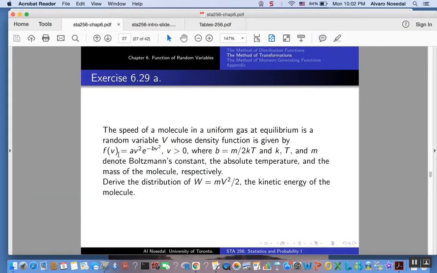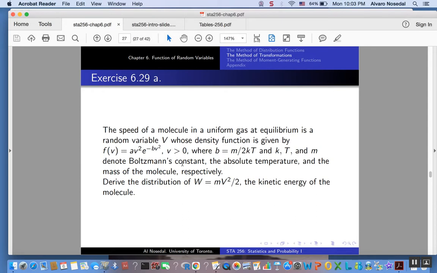So we have this random variable, f of v, given by this expression over this region, the v's that are positive. When we see the transformation, first we have to see where these values are going to be mapped.